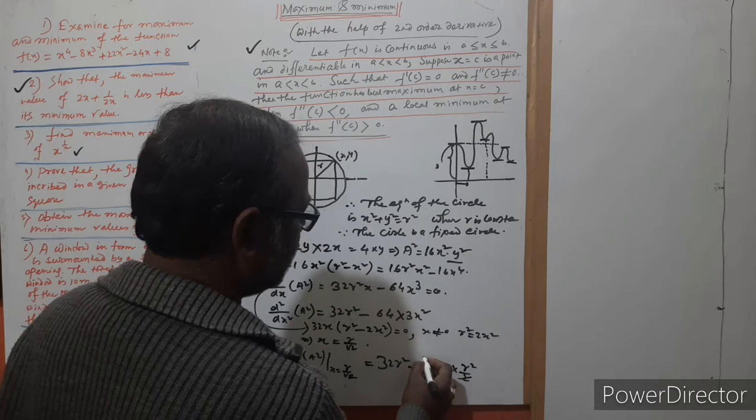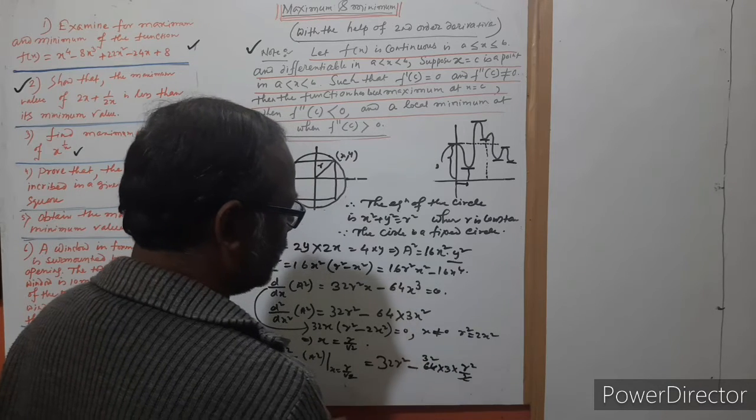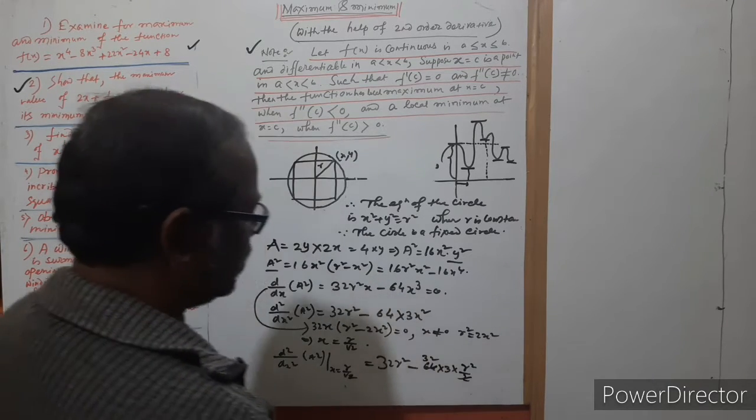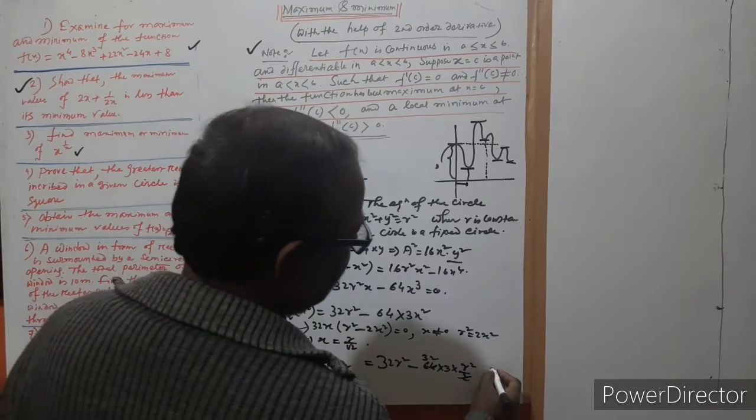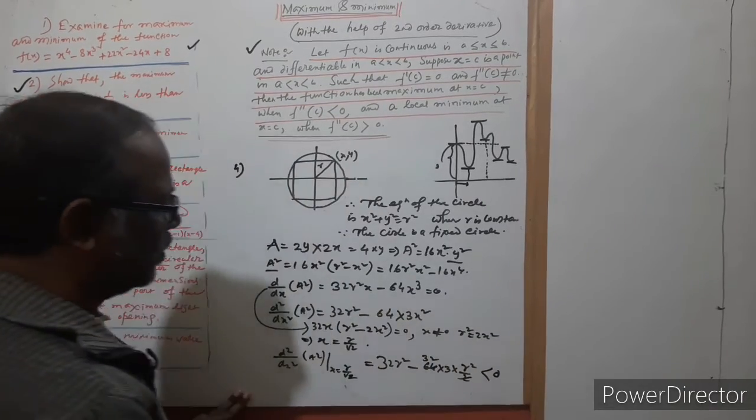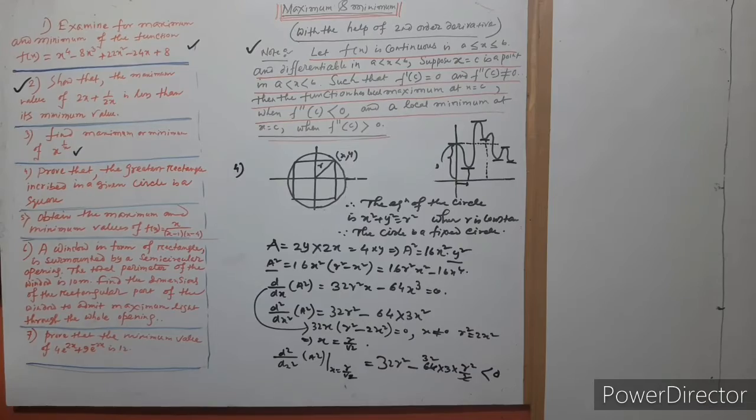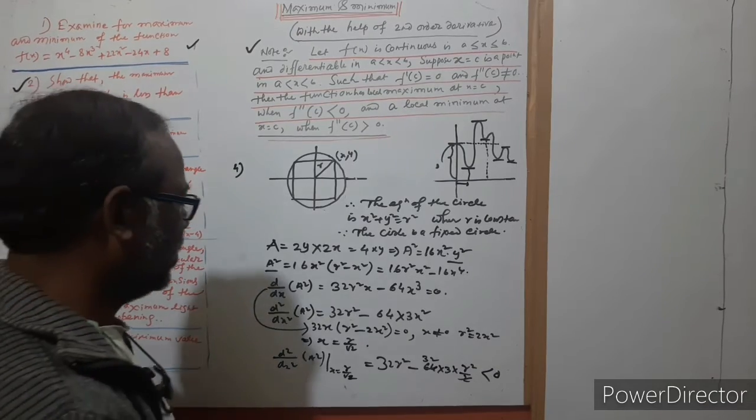Okay, this is 32. See, if we work this out, then we get less than 0, so at x equal to r by root 2, we get a maximum.